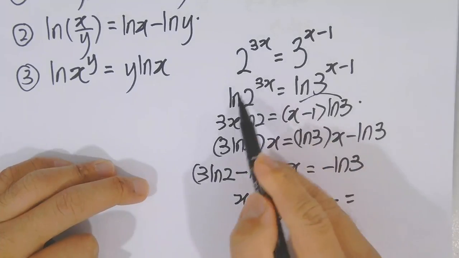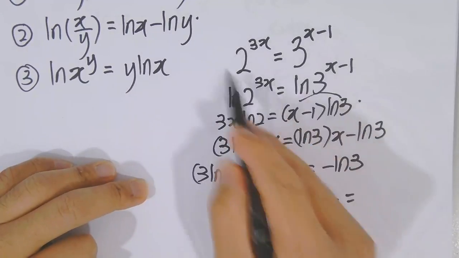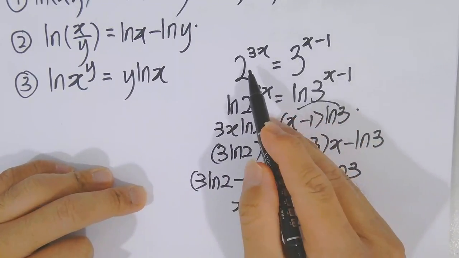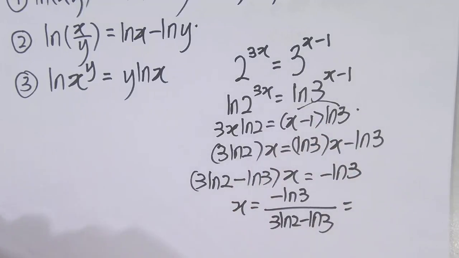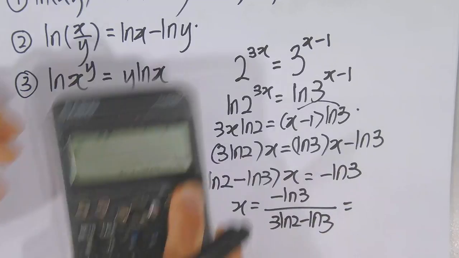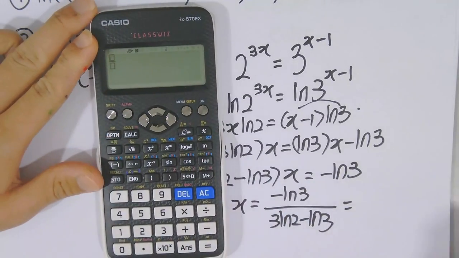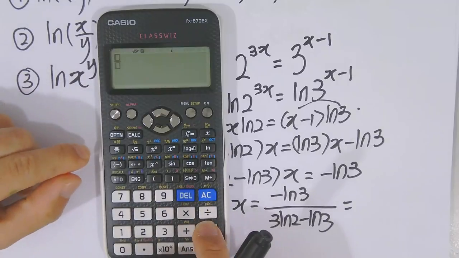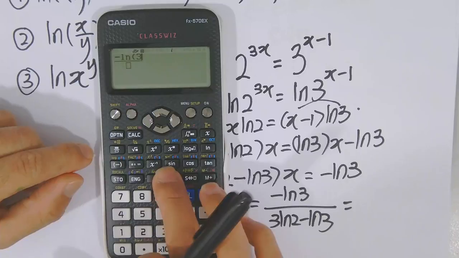You can use natural logarithm to help you solve this type of equation, which cannot be converted into the same base. So how do we use the calculator to evaluate this? Very simple, you just key in negative ln 3, divided by 3 ln 2 minus ln 3.